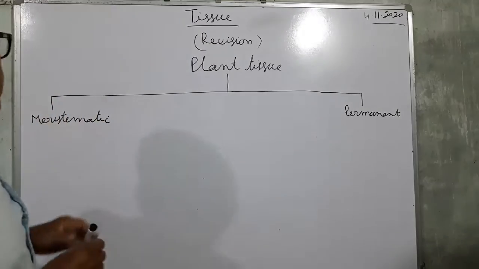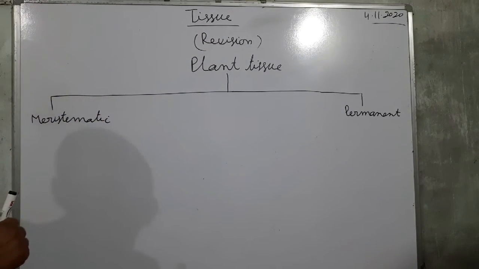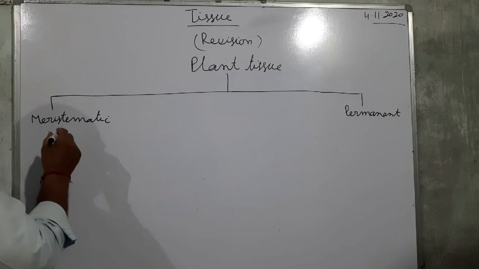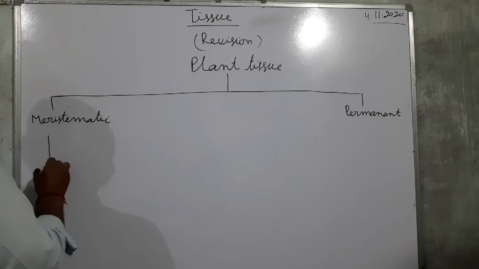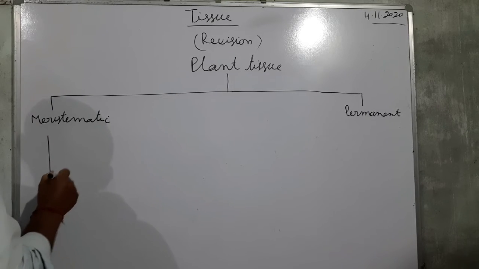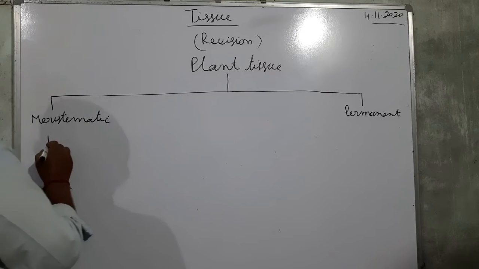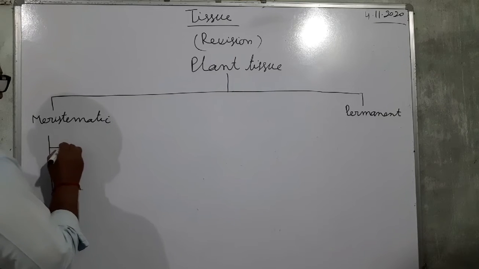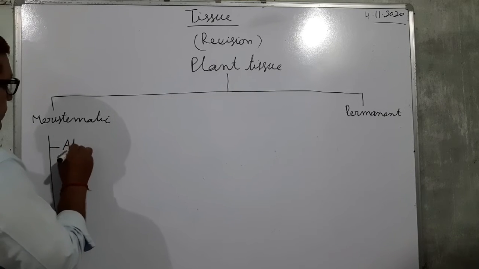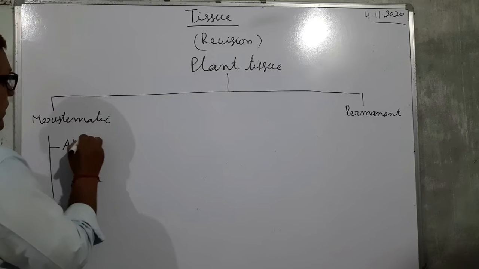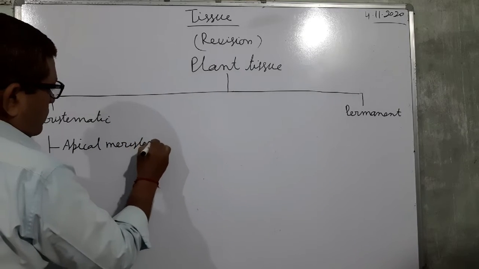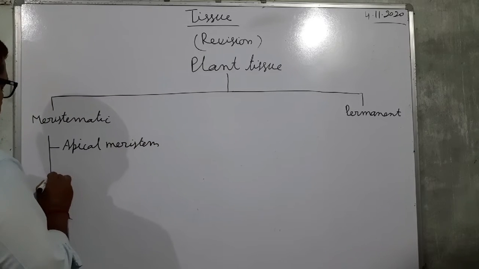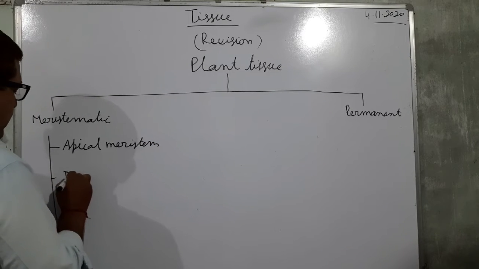On the basis of their location, meristematic tissues or the meristem is of three types. Number one is apical meristem. Second one, intercalary meristem.